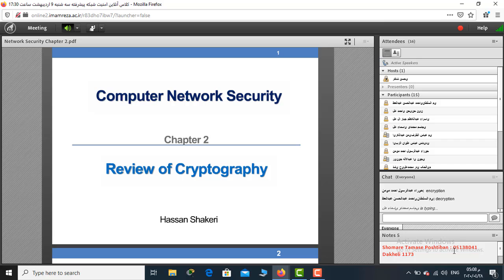Yes, actually, the reverse of the encryption process should be done at the other side, and it's called decryption. Decryption is extracting the main message from the ciphered or encrypted message.